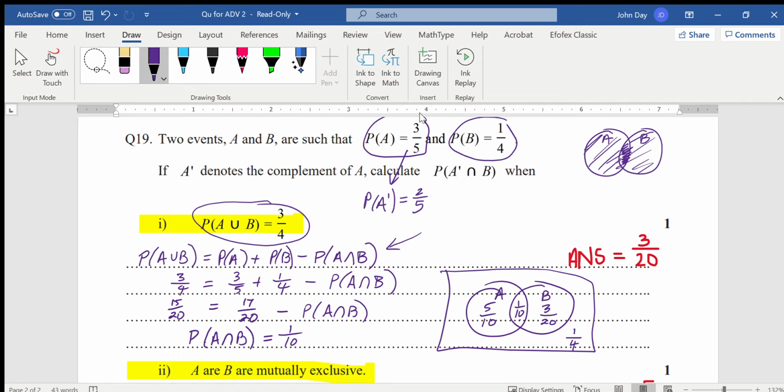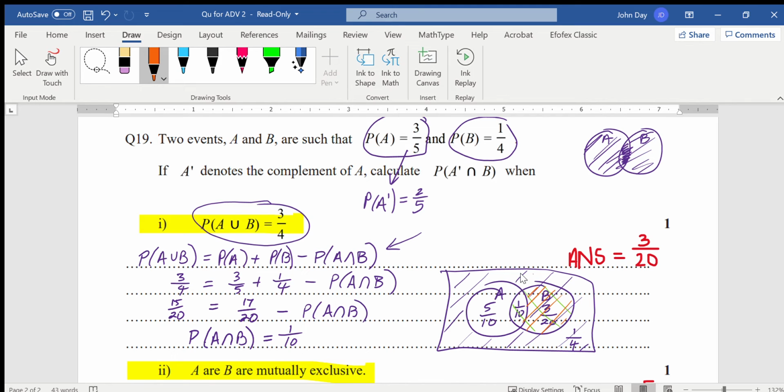Not A is everything outside of A, but you've got to overlay that with B. So if I colour the bit that's not A, and then the bit that intersects with just B, the bit where they intersect, which I'm now doing in orange, is 3/20. 3/20 is what intersects there.